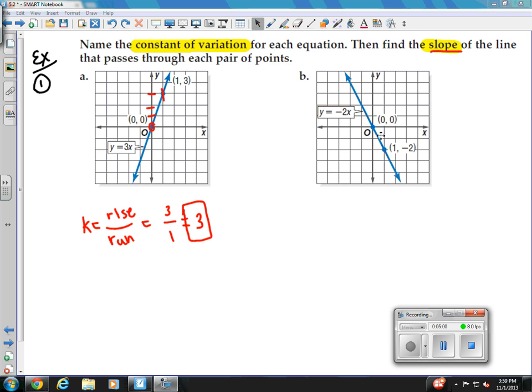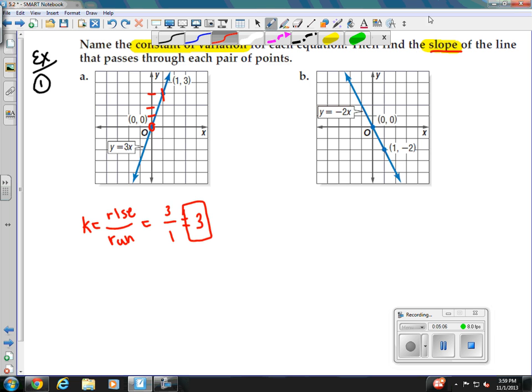So let's move on to example B for our first example. Okay, so once again, we're going to be finding slope, and that's our variable k today. And once again, it's on a graph, so I'm going to be looking at rise over run. And we find the slope the same way we read. So I'm going to find the farthest left point, count my way to the one on the right. So I'm going to have to go down 1, 2.